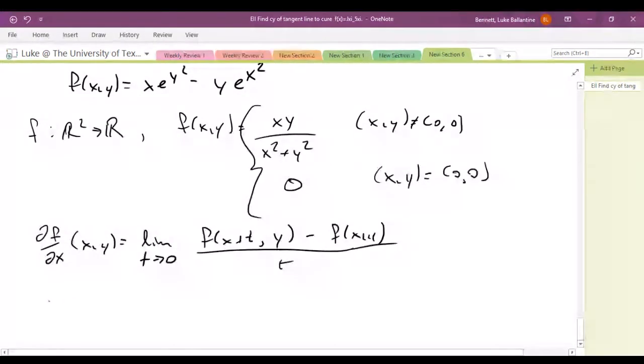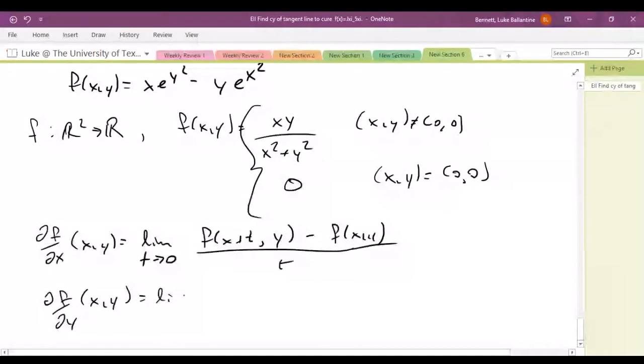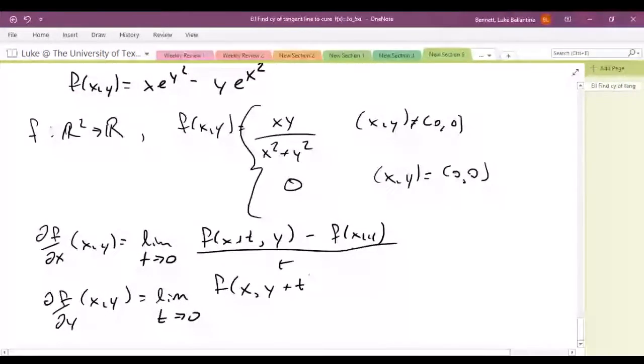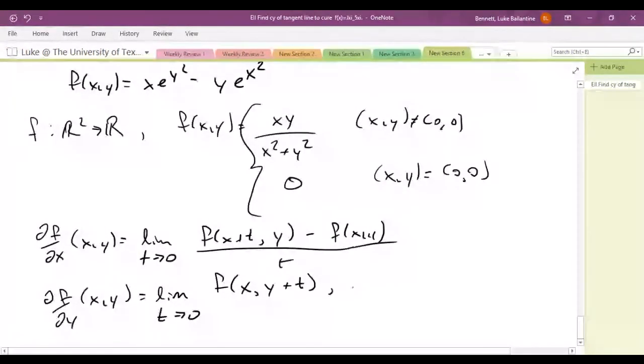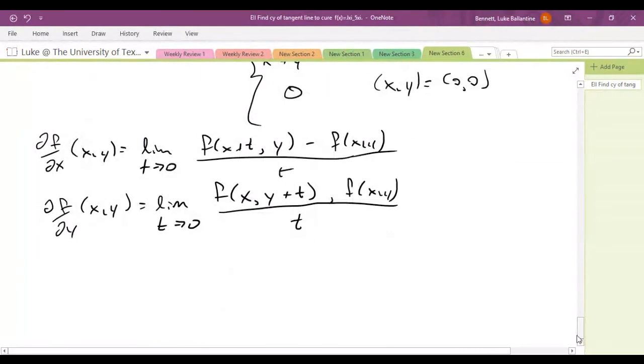In a similar manner, we fix x and then treat y with the plus t. A small change in y, leave x constant.